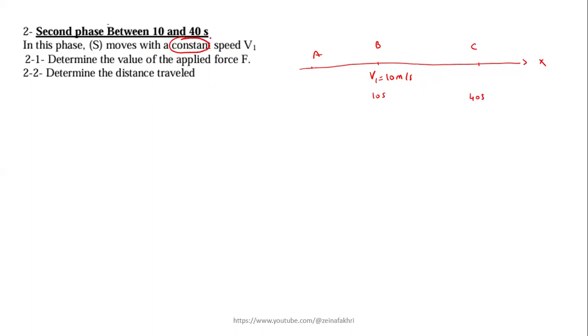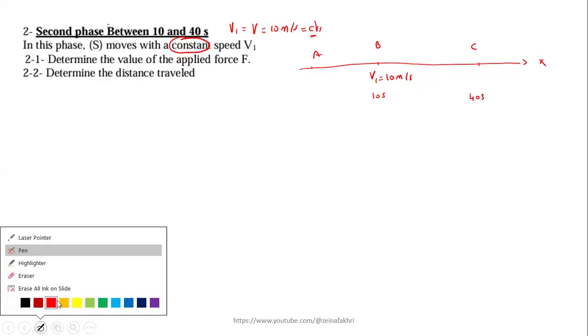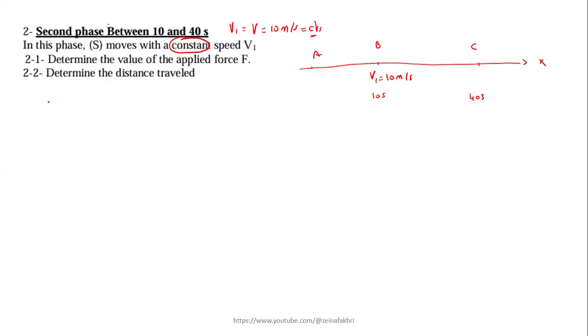When I say with a constant speed, this means that V1 is equal to V, which is equal to 10 meters per second, constant. Since V is constant, the motion is a uniform motion. When I say uniform motion, this means there's no acceleration. The acceleration is equal to 0.